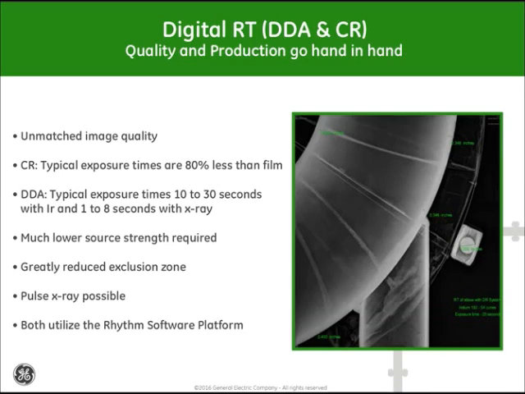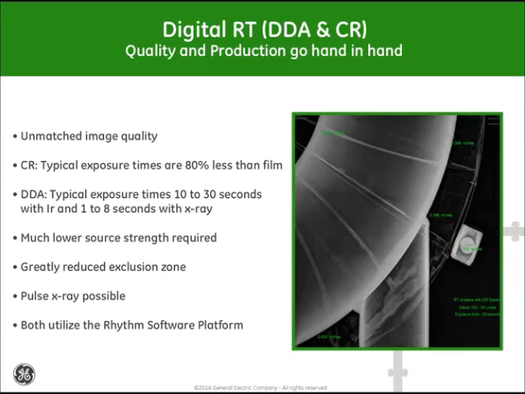So the use of the digital radiography tools, the DDA and the CR, provide unmatched data quality. When you compare the exposure time for a CR system, it's typically about 80% less than film. So from a number standpoint, if we were to think of a film exposure where the X-ray source is exposed for 10 minutes, on a CR system, that would be down as low as 2 minutes.